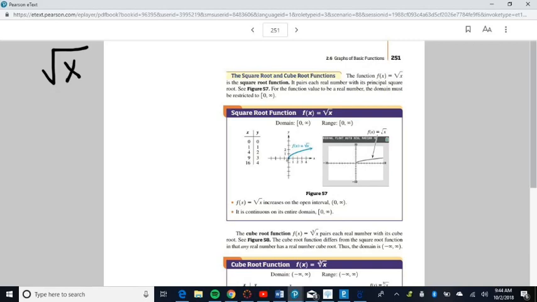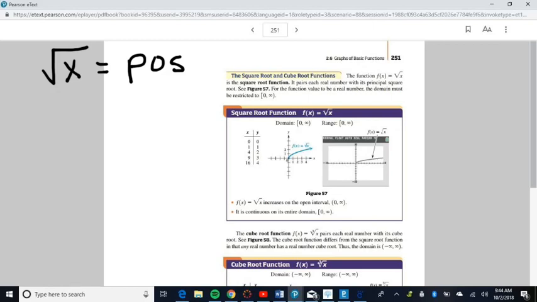Now if you take the square root of x, what you have to remember is it's always going to be a positive. You can't have a square root that's a negative. That makes it an imaginary number, and we can't graph imaginary numbers in this field. So what we have is just, it's always got to be positive.